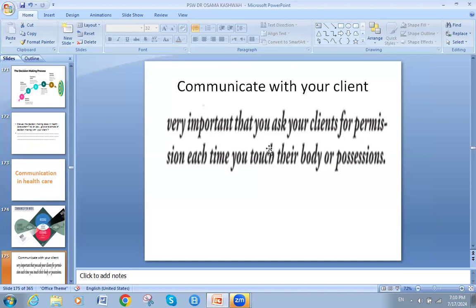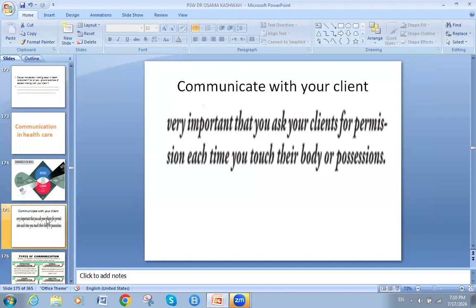So you make sure that he understands it the same way you mean it, and that he did not understand it in a crooked or wrong way. This is the meaning of making sure from the feedback as well. So communication is very important with the clients, especially as a personal support worker.